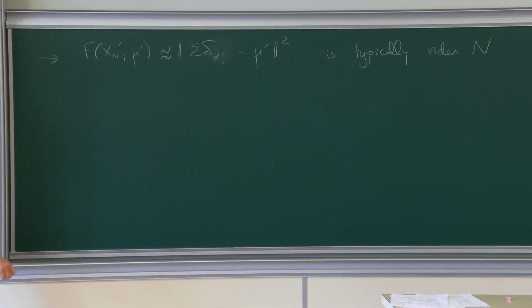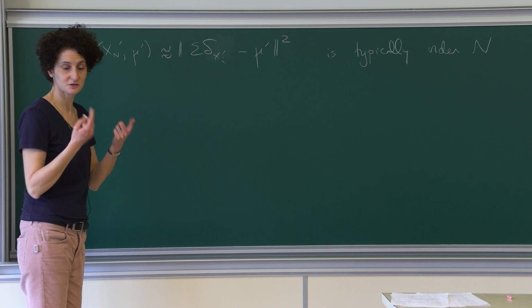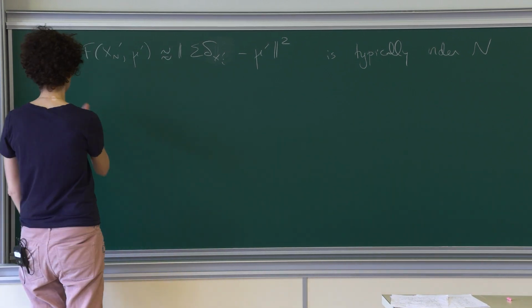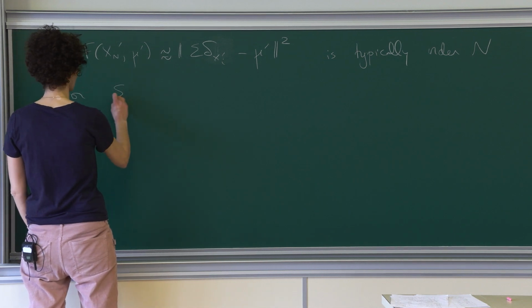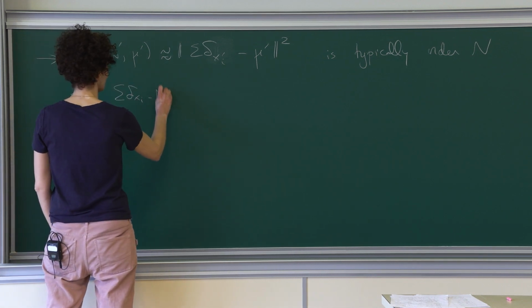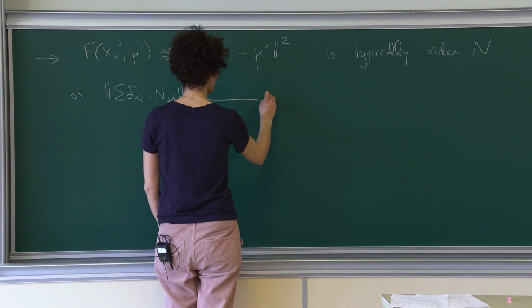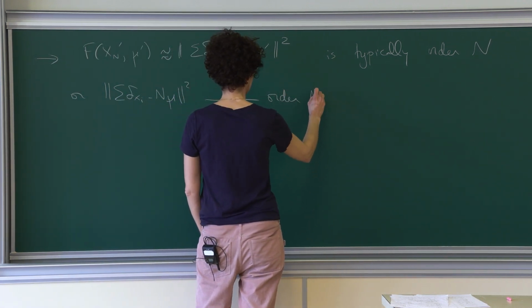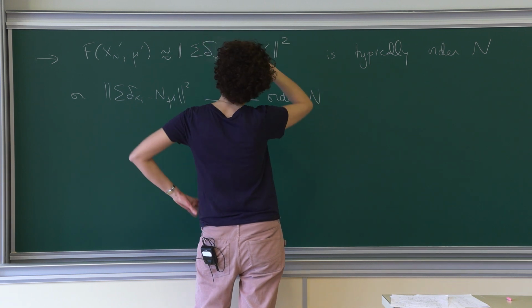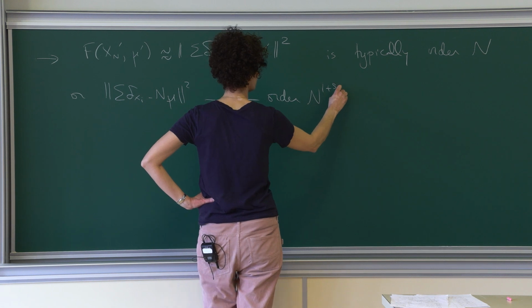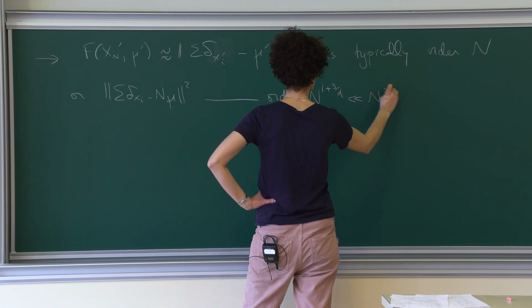If I go back to the non-zoomed coordinates, it also tells me that it would be typically of order n to the 1 plus s over d, which is much less than n squared.